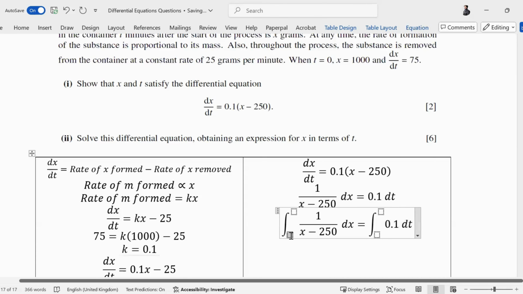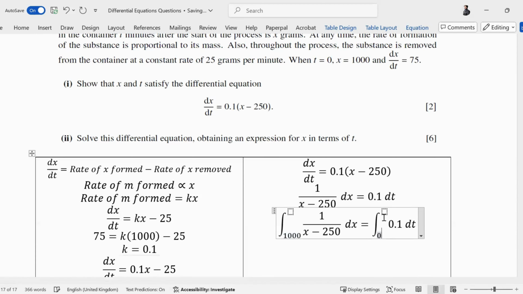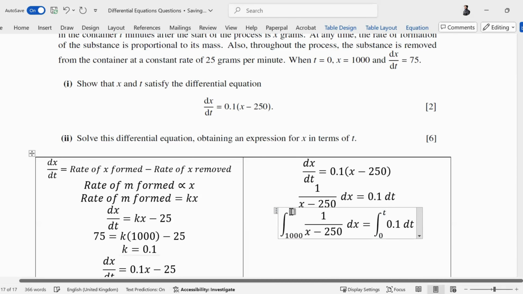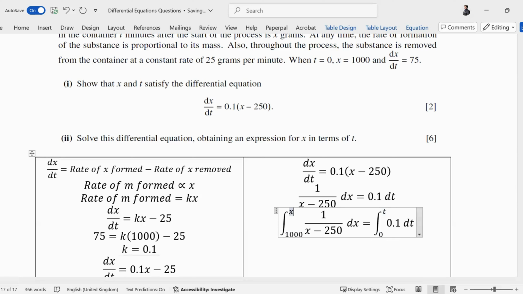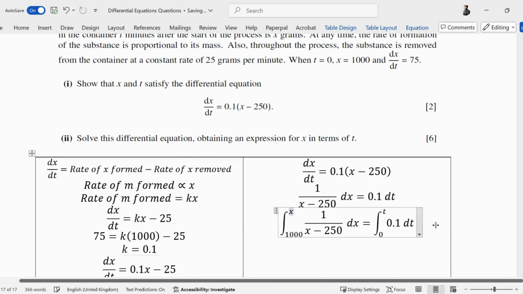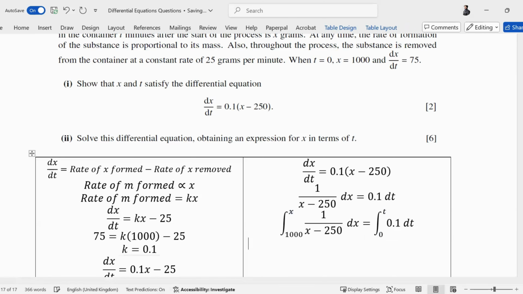I'll say when x was 1000, t was 0. When t is t, x is x. We can use such variable limits with a definite integral. How do I integrate the left side? Any hint? ln of x minus 250.